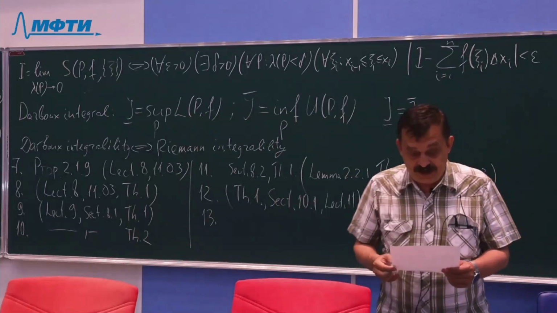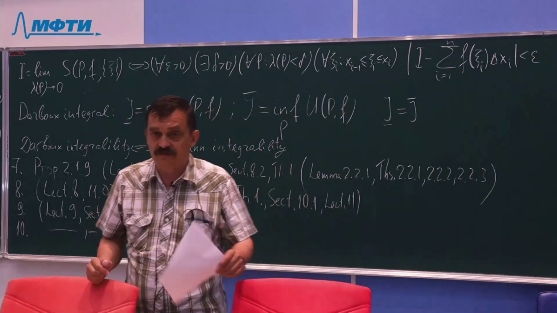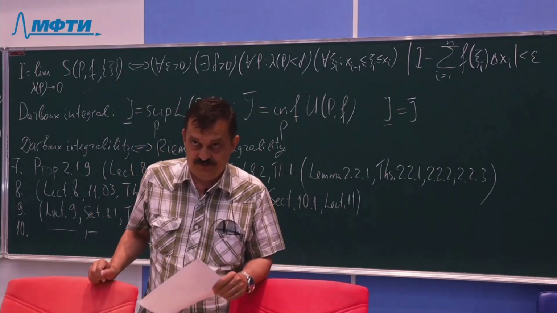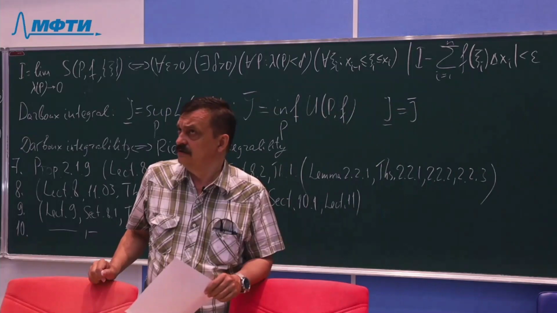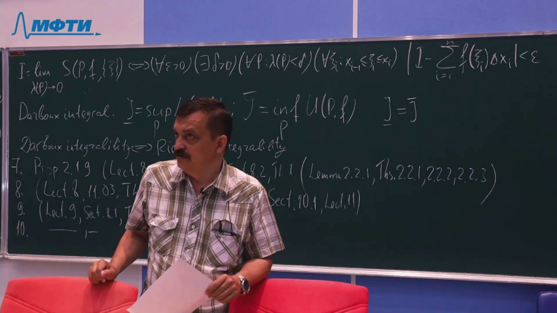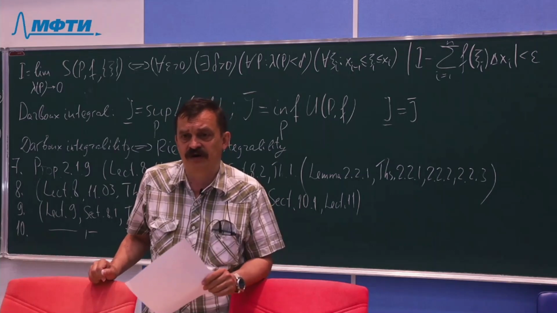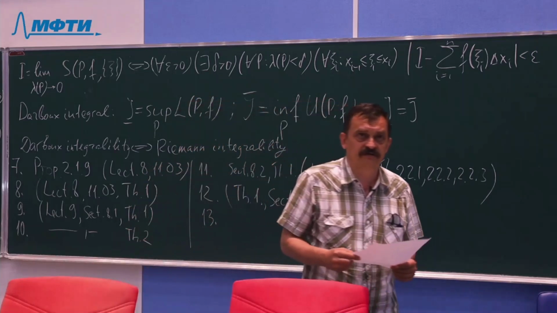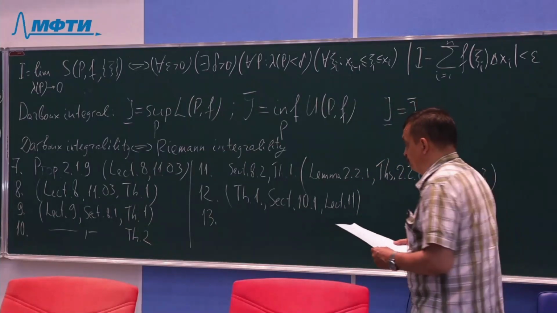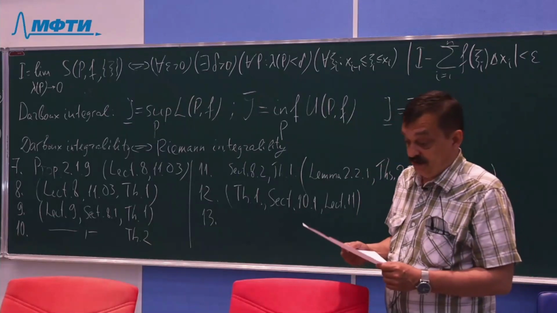Okay, 13. Now, integration by parts and change of variable in the definite integral. In your lecture notes, those assertions are given without proof, at least for substitution formula for sure. For integration by parts, I'm not sure. Maybe it's the same. Integration by parts is easier for definite integral, right? And for change of variable, that is more complicated.